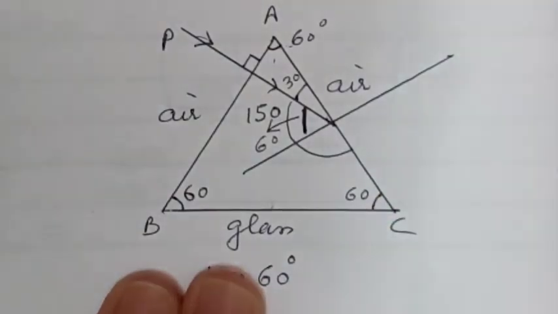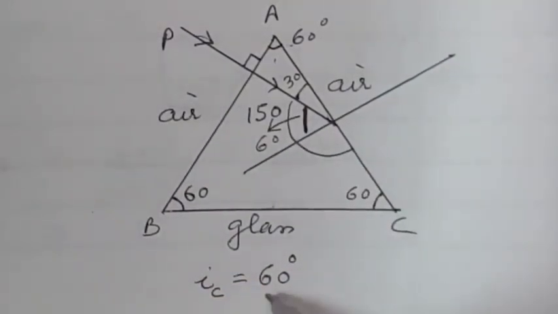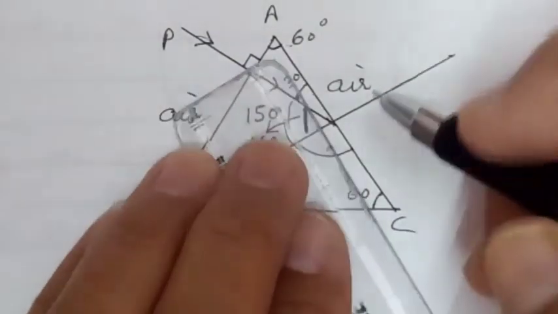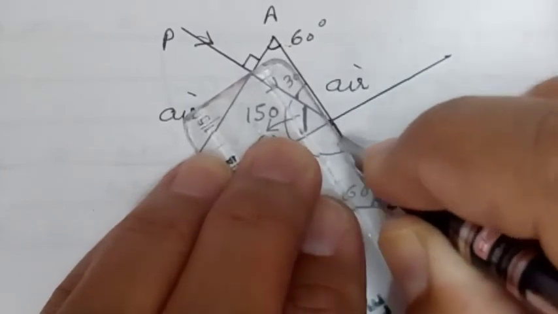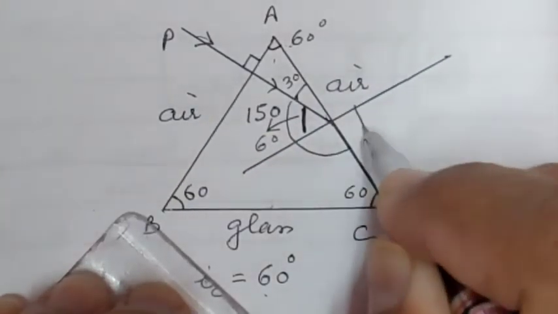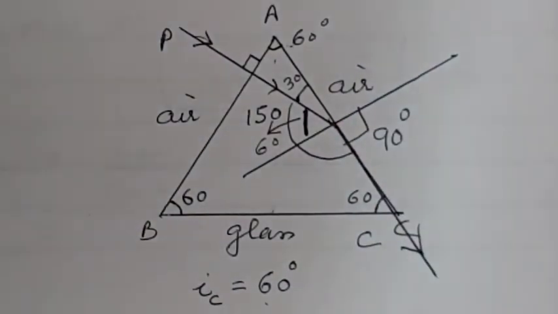So the angle of incidence becomes equal to the critical angle. The ray should go along the surface, so that the angle of refraction is equal to 90 degrees. This is the refracted ray. The ray goes along the surface.